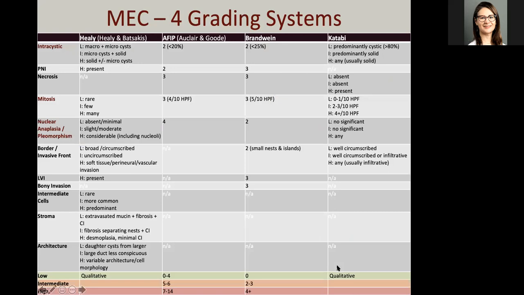Okay. Muco-ep is challenging to grade. There are 4 published grading systems out there. 2 are quantitative, 2 are qualitative. All perform completely differently when you apply them to the same tumor. What we found is that the AFIP system grades any given tumor lower than the other systems.